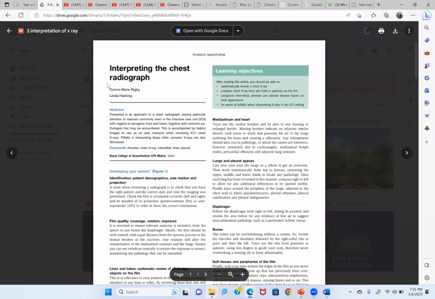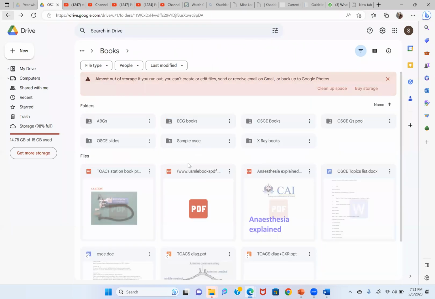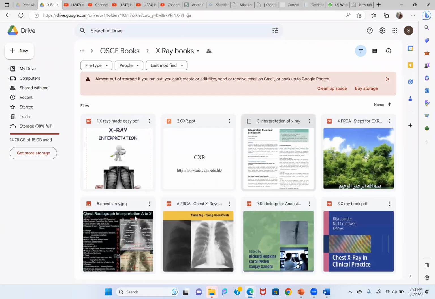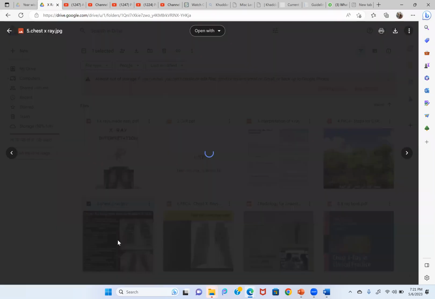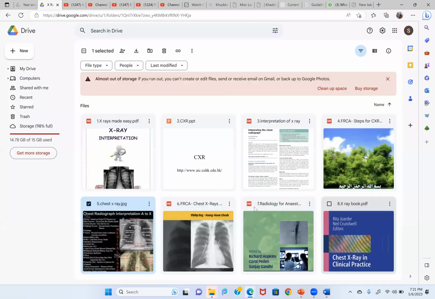I will show you that if you open this link and go to the books, and in the books go into OSCE books, you will find some helping material with reference to radiology. I will take one of them as a reference.